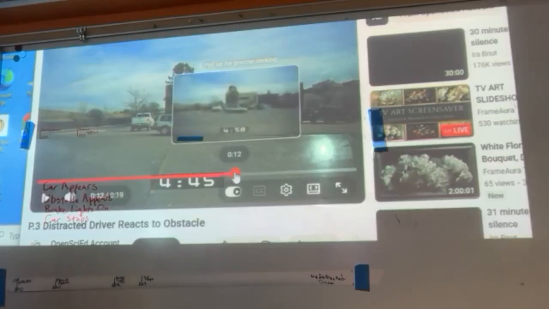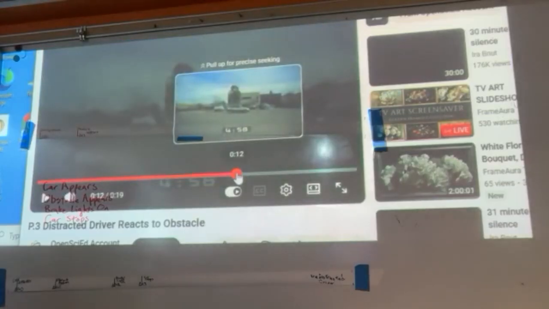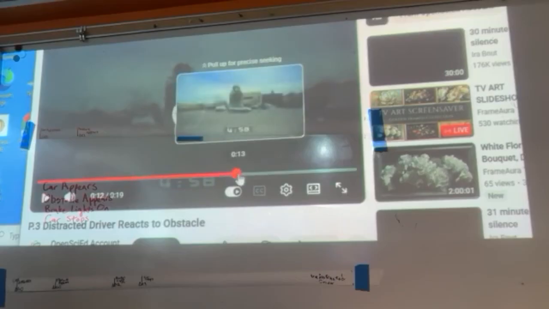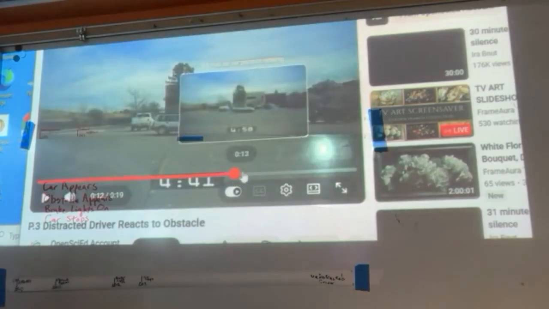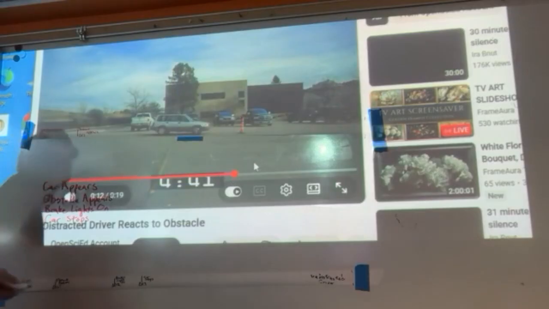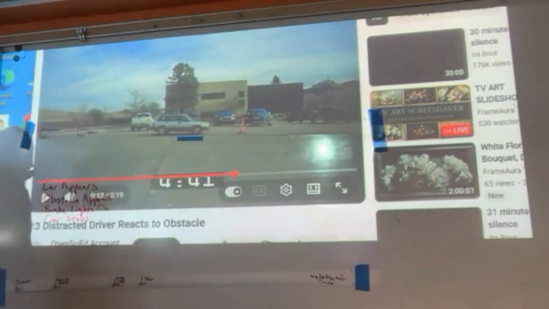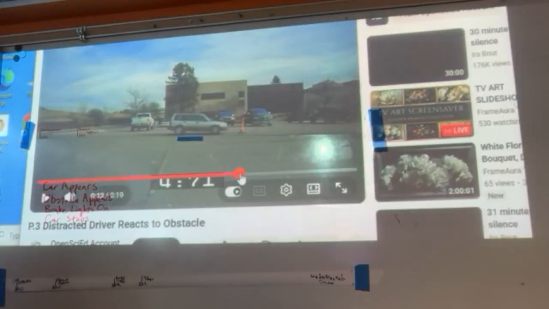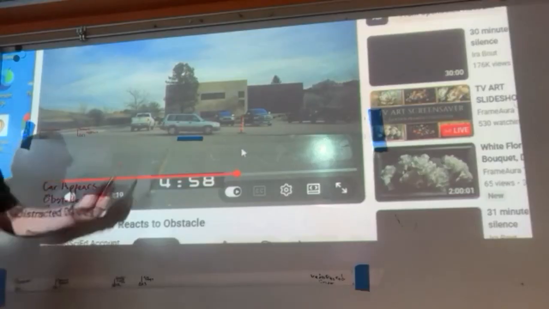If I advance it one frame, they're not on. They are on at 4.66, 4.58, they are on.